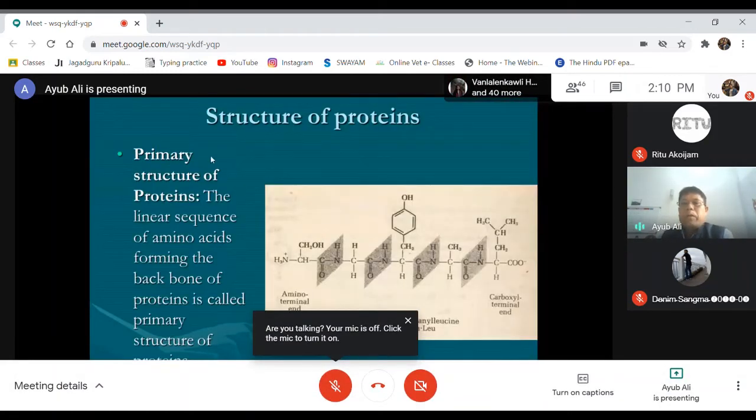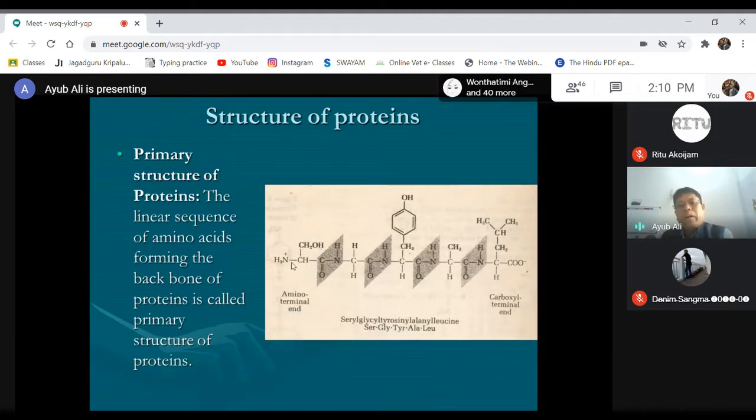Now, if you see the diagram here, the first one, we know, is the amino acid serine. Next one is glycine. You have the tyrosine, you have the alanine, then you have the amino acid leucine. So the arrangement of the amino acids in this protein is that first it is serine, then glycine comes, then tyrosine, then alanine, then leucine.